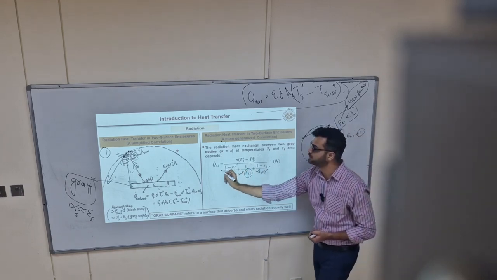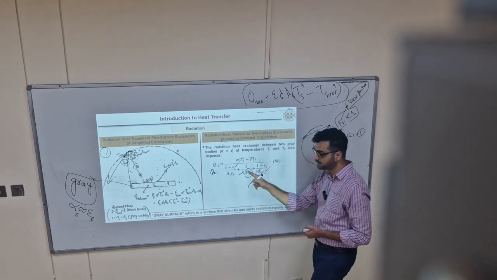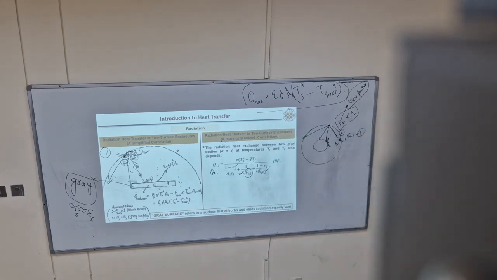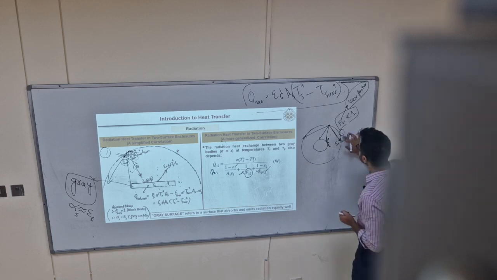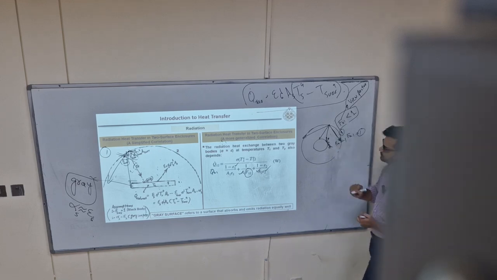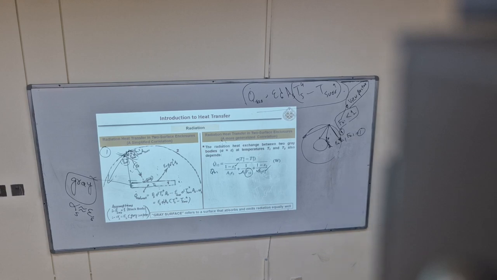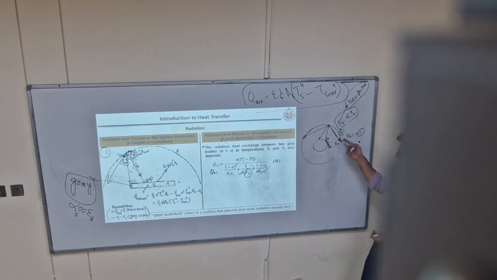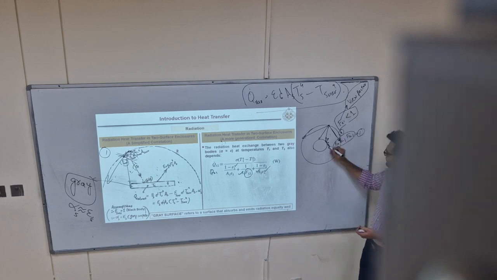If I am interested in Q2 to 1, then, this is my surface 1, this is 2 now. Now we are interested to know what is F1 to 2.